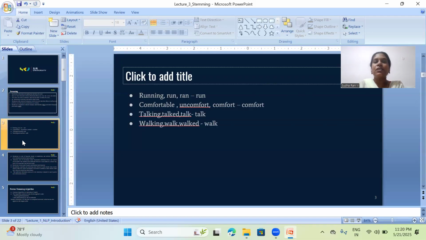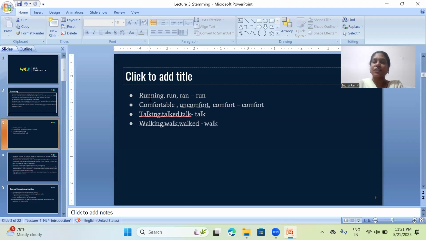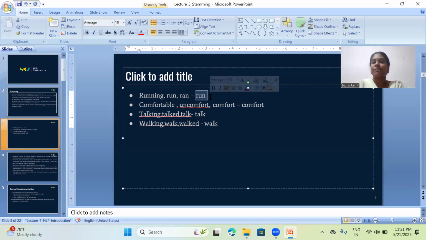So to the root word, some ending is added and it converts to the stem word. The stemming procedure is to find the root word from the stem word. Whatever stem words we are given, the stem word has to be converted to its root word.